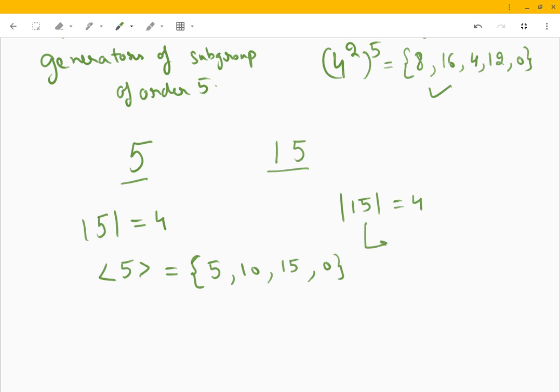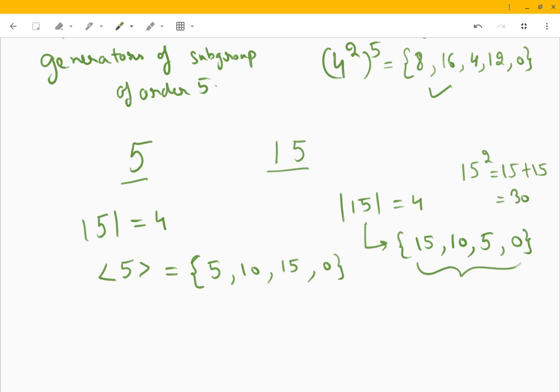And similarly, in this case, 15 squared will be 15 plus 15, which is 30, and 30 mod 20 is 10. 15 cubed is 45, and 45 mod 20 is 5, and 15 to the power 4 will be 60, and 60 mod 20 is 0.